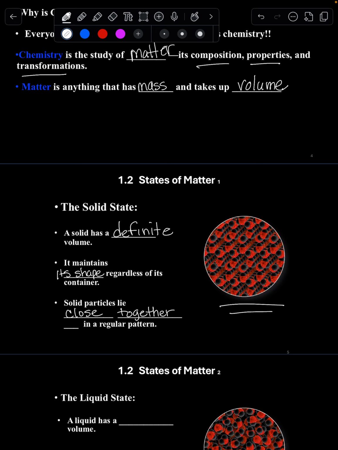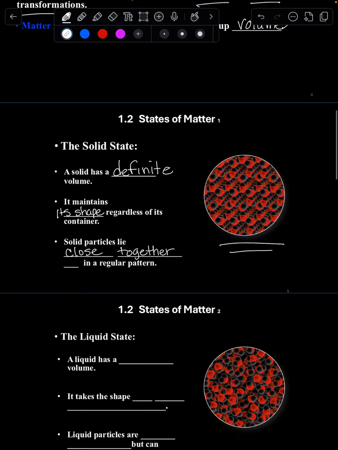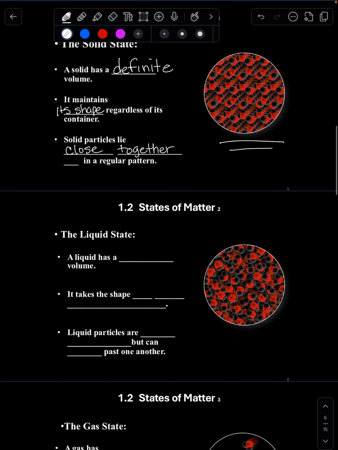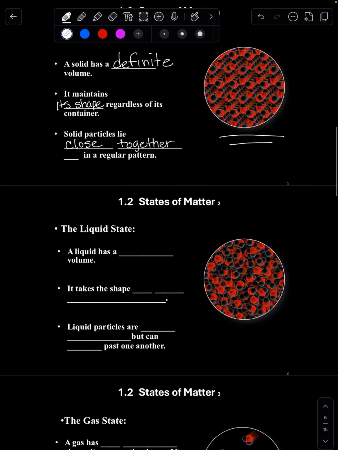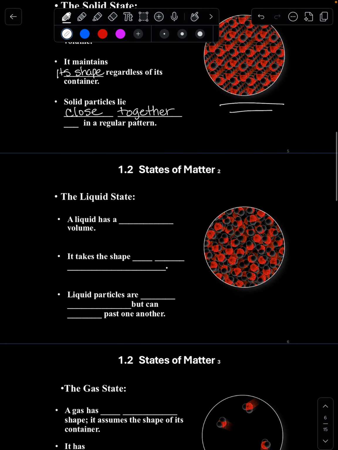If you zoom in on this picture on the handout, you can see that these are very close together, and this is what a particle drawing of a solid would look like. Next we have the liquid state, and this is again water, and hopefully you can see that the particles are a bit looser, if you will, not as close together. Liquid still has a definite volume.